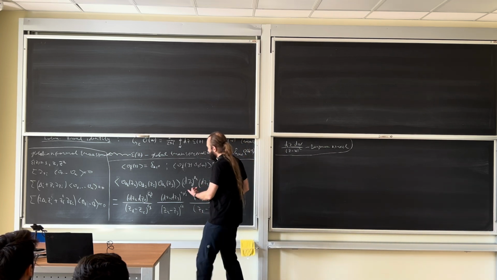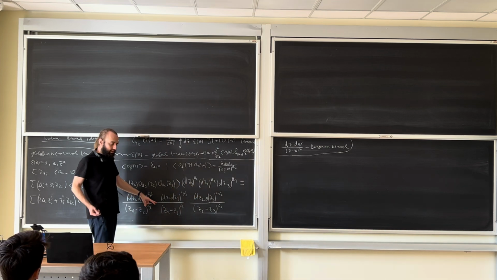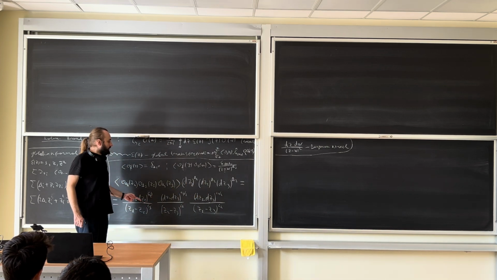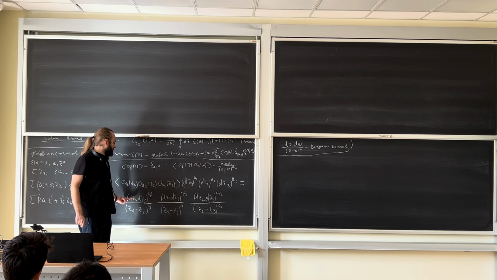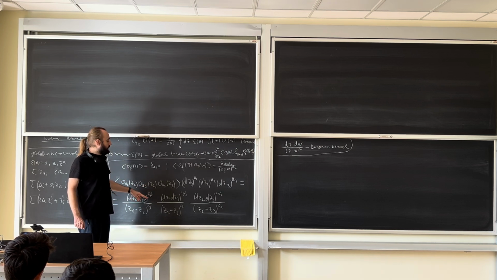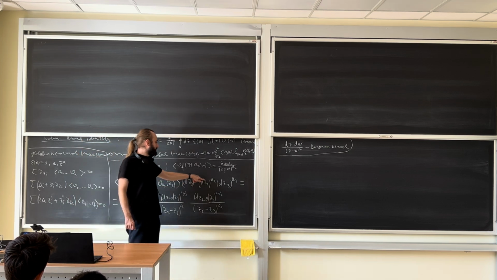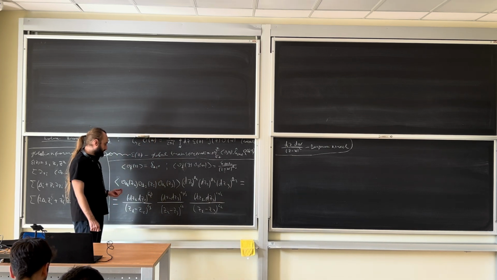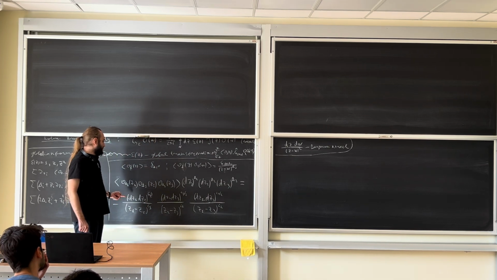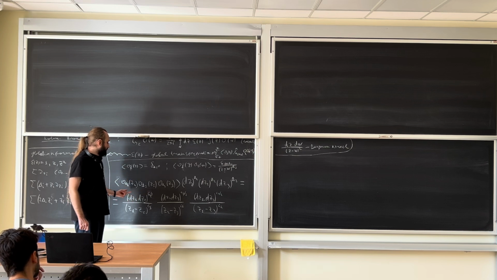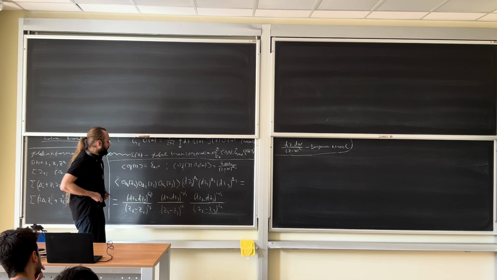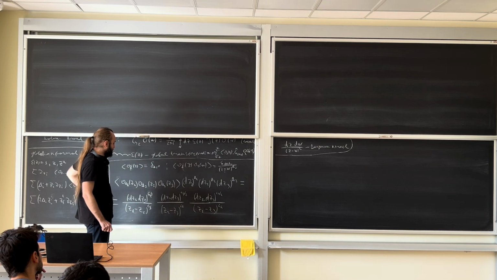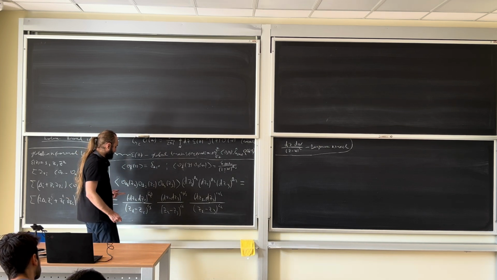And now I see that there are these exponents in the denominator, and we need to adjust these coefficients so that they coincide with delta 1, delta 2, delta 3. So let us try to guess such coefficients.